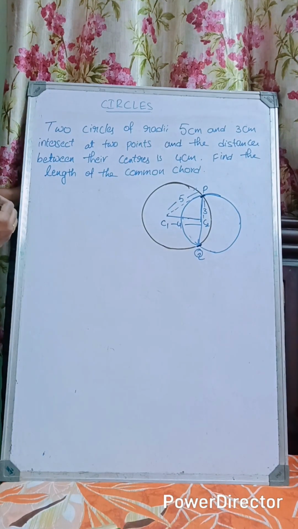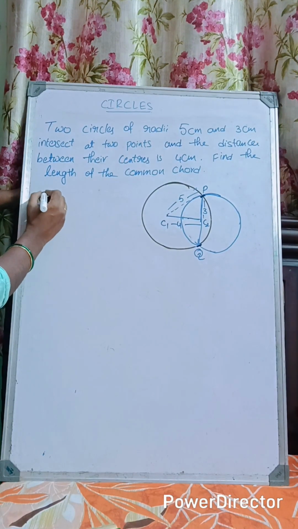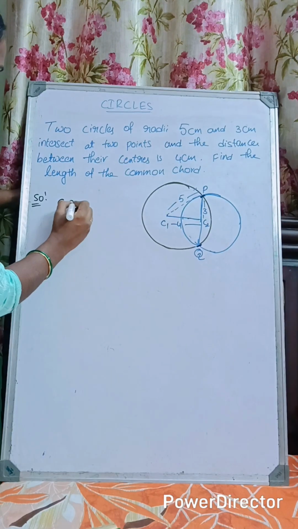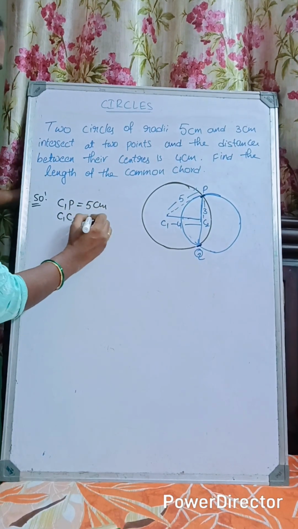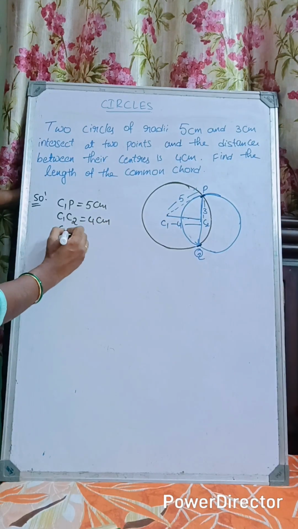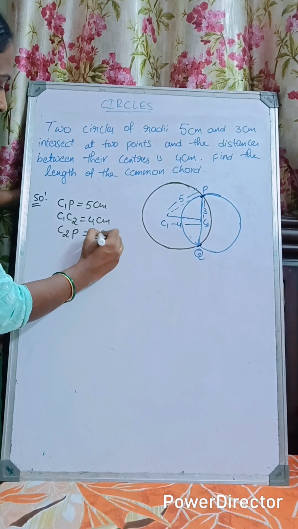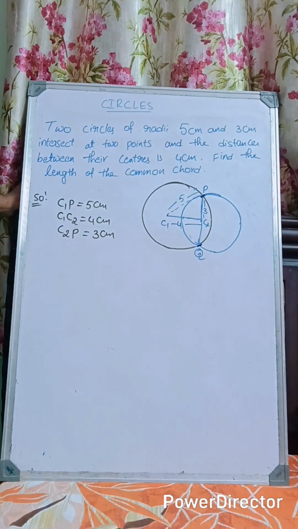As from the given data, let's write C1P is equal to 5 centimeters, C1C2 is equal to 4 centimeters, and C2P is equal to 3 centimeters here.